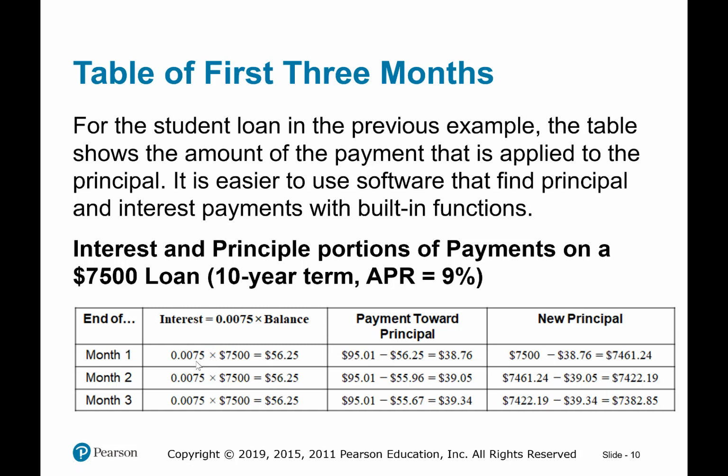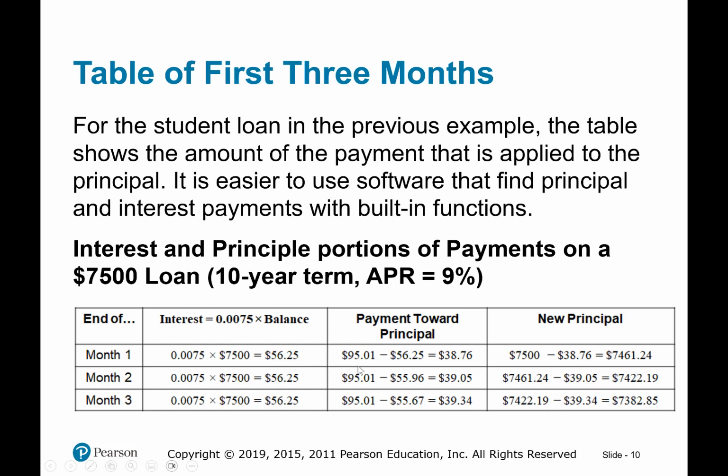If you take 9% and divide by 12, that's what you should get. Now if I take 0.0075 times the $7,500 loan that I have, my interest amount is $56.25.